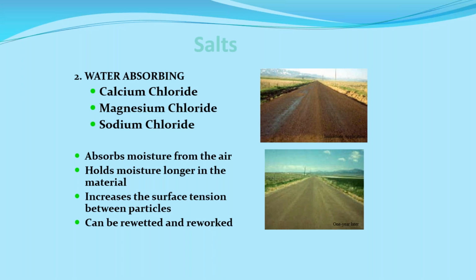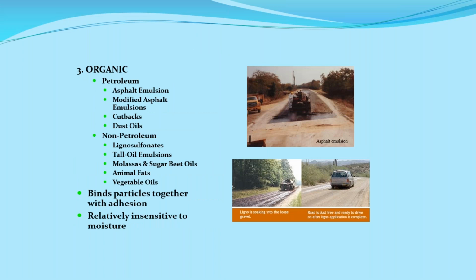Organics. In the organic area, like I said, we have petroleum products. We use asphalt emulsion, some modified asphalt emulsions, some cutbacks, some that they call a dust oil, which is usually like an SS1 that has been diluted a little extra with moisture to be able to hold everything together and get it to penetrate a little bit deeper.